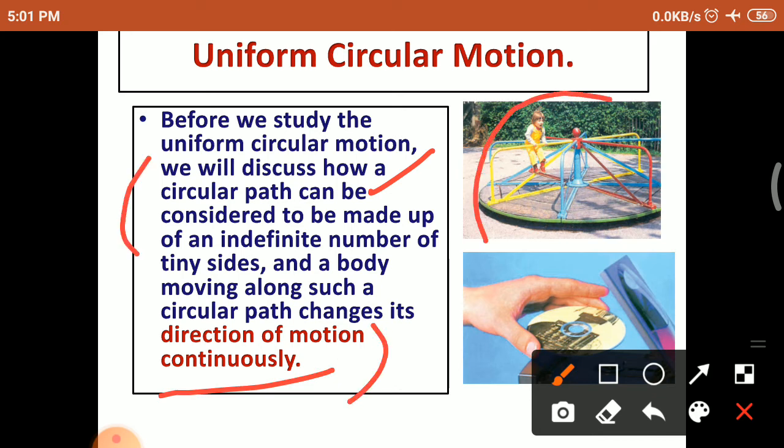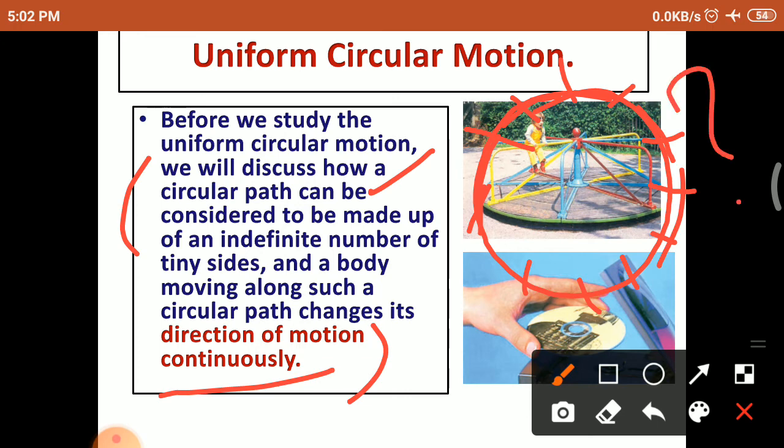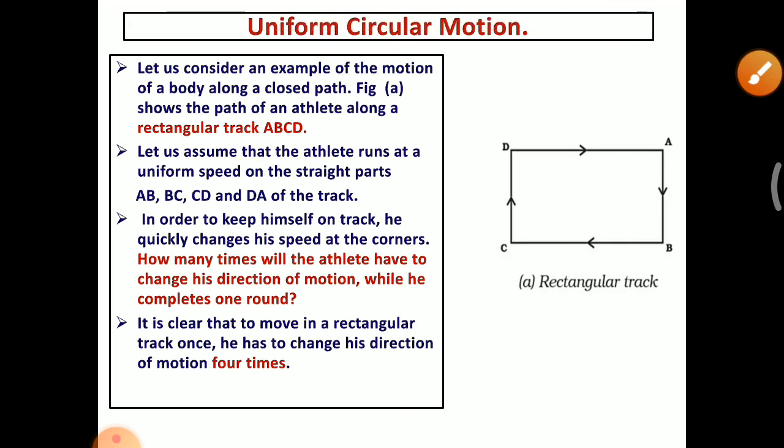If you take a circle, it has an infinite number of sides. How can we say that the circle has infinite sides? When an object moves in this circle, it changes direction continuously. How? We will see the answer to this question.